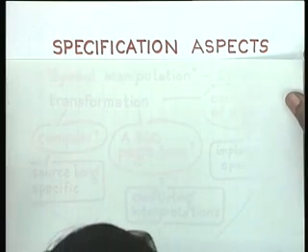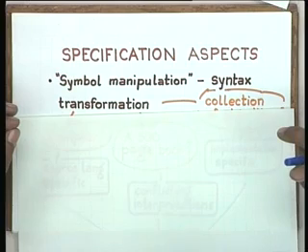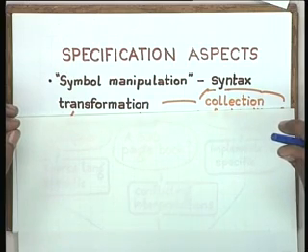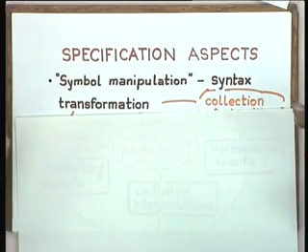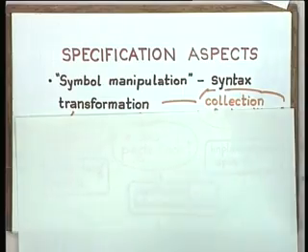So we will define a specification mechanism for specifying the meaning, which is essentially syntactic in nature, in the sense that it is mostly a form of symbol manipulation, symbol pushing, symbol deletions and so on, where these symbols belong to the abstract syntax tree of the language.